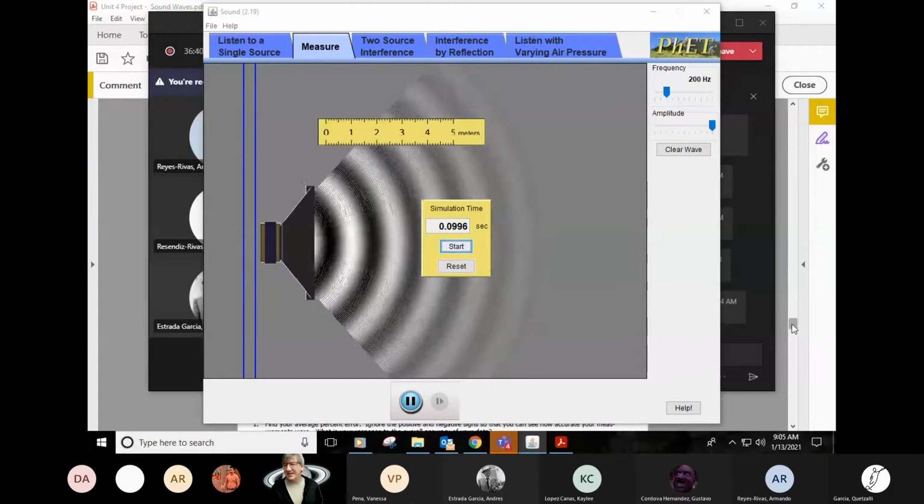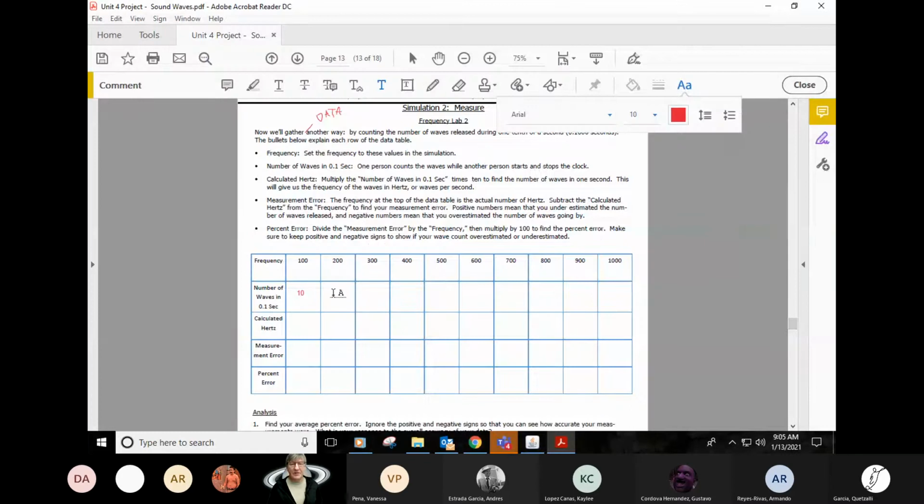All right, go back to the data table. Fill in the number of waves. I'm just going to fill in a fake number, but it's approximately what you should have counted. Maybe I counted 22 waves. Now check this out.